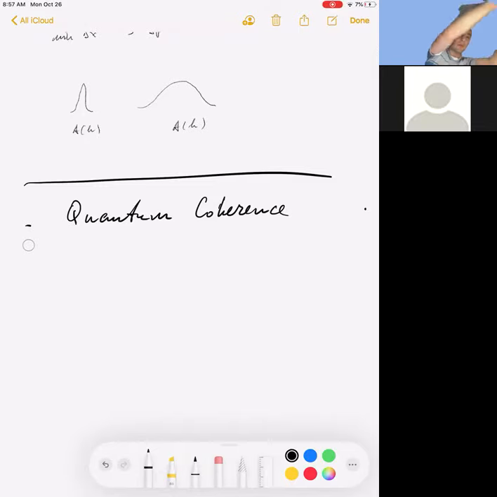But if every person in the stadium or the concert venue was doing this coherently, in phase, they don't have to go all in phase. There could be a gradual phase relationship from one seat to the next seat. But the point is, there has to be some kind of non-random phase relationship from one person to the other person. Then you would see a wave of hands moving through the stadium.